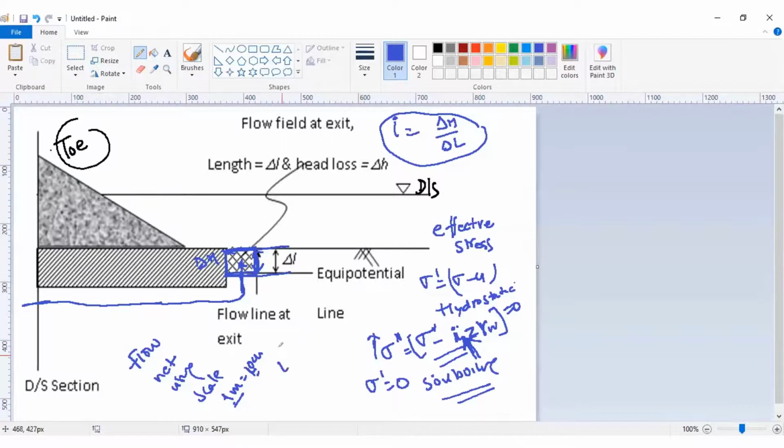We know the value of IC, critical hydraulic gradient. This is called critical hydraulic gradient because the value of hydraulic gradient at which the effective stress becomes zero is called critical hydraulic gradient. And this can be easily estimated using this equation, (Gs minus 1) upon (1 plus e).